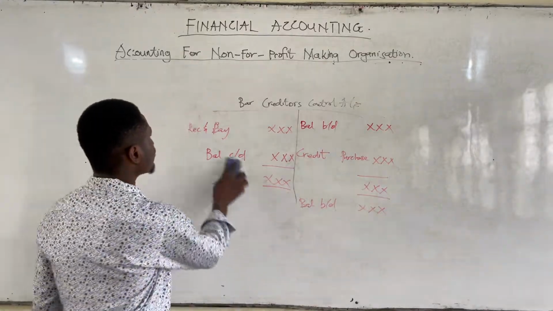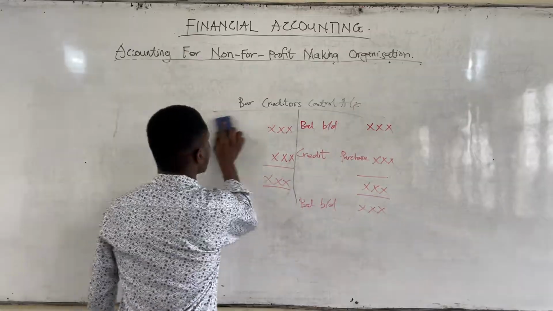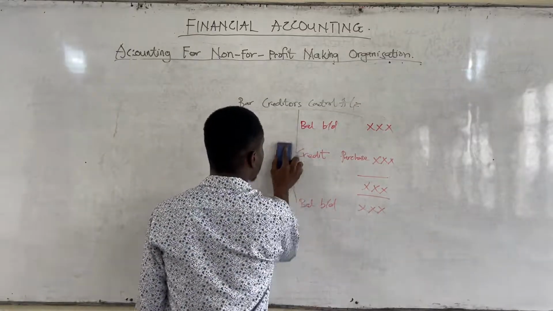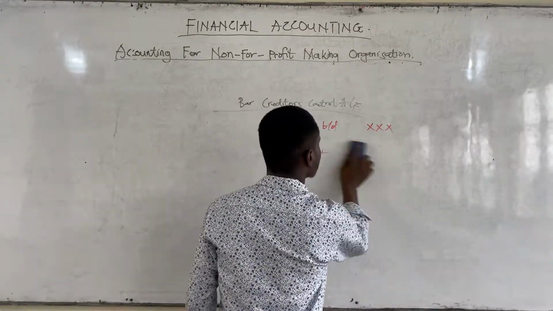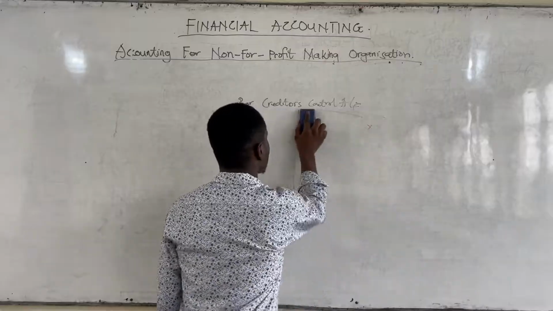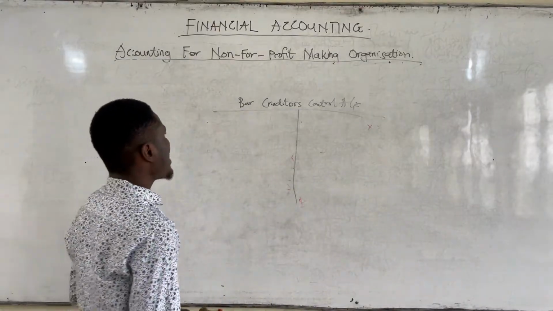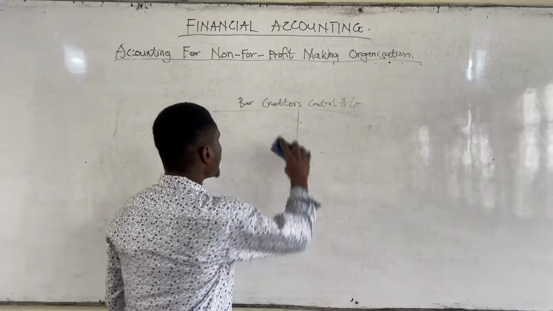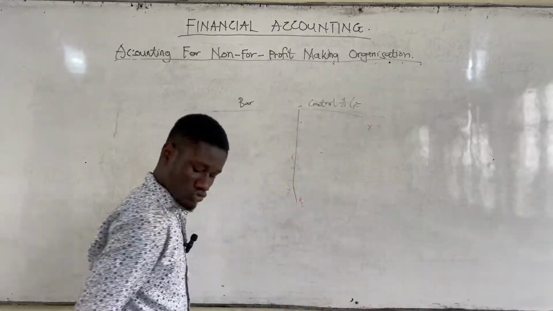Good. So we'll move on to how to find our bar sales. It's just the same thing. With the bar sales, we open our bar debtors control account.